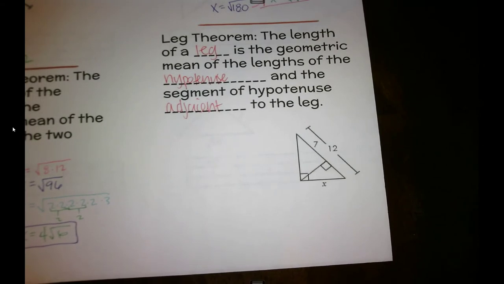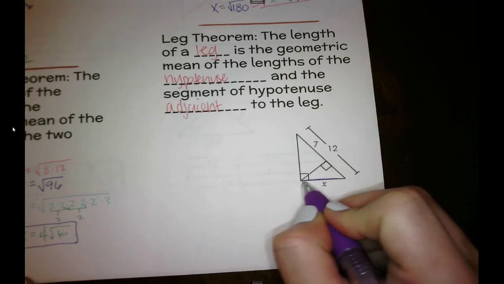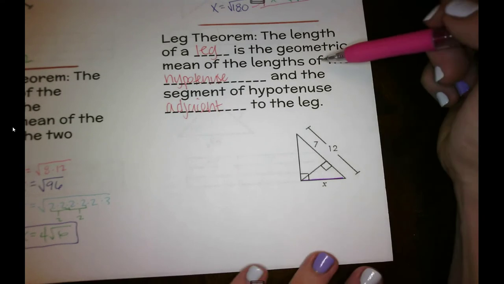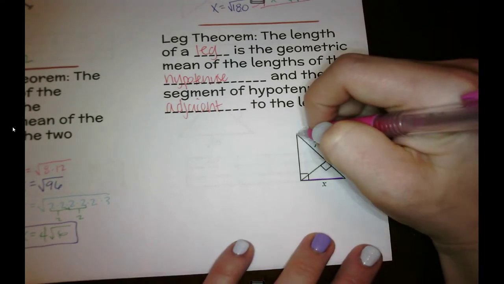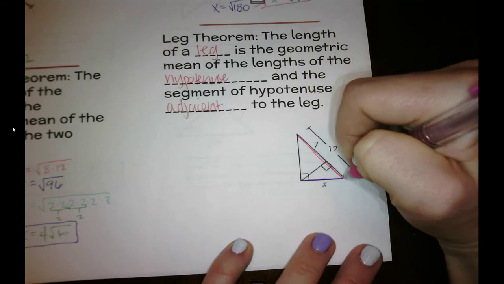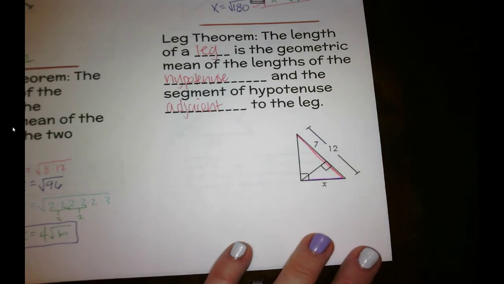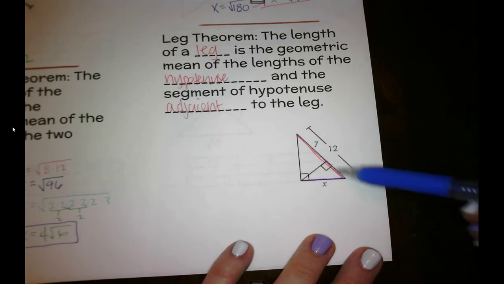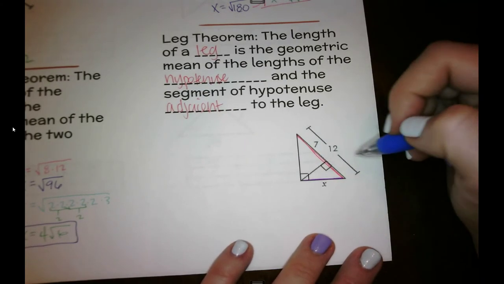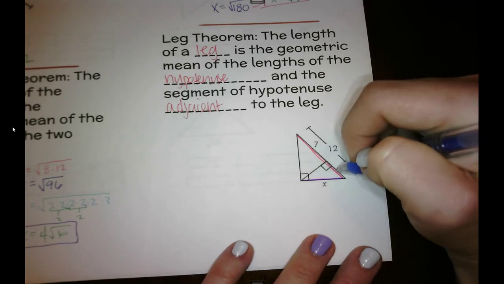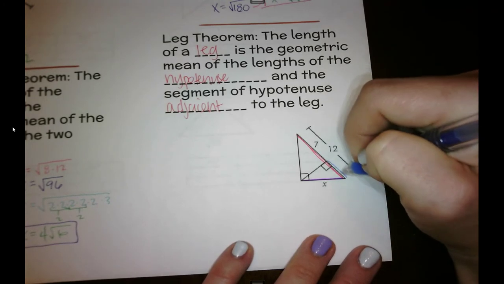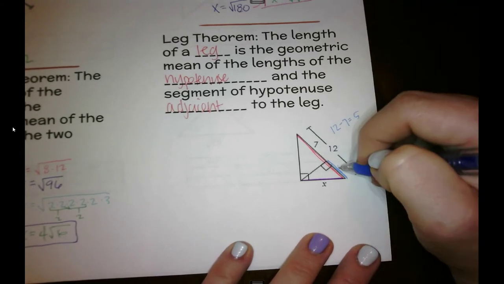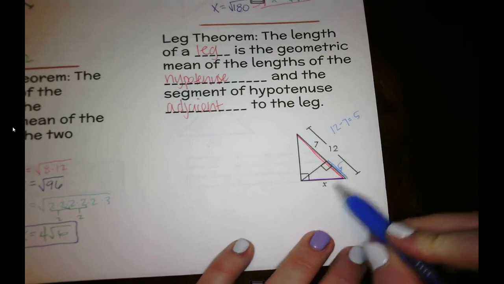So the length of the leg is the geometric mean of the lengths of the hypotenuse, the whole big hypotenuse, and the segment of the hypotenuse. You see how the altitude cuts the hypotenuse in two segments adjacent to the leg, next to the leg. So not 7, but this one that's right here. You can find that one. 12 minus 7 equals 5. So this one, because it's next to.